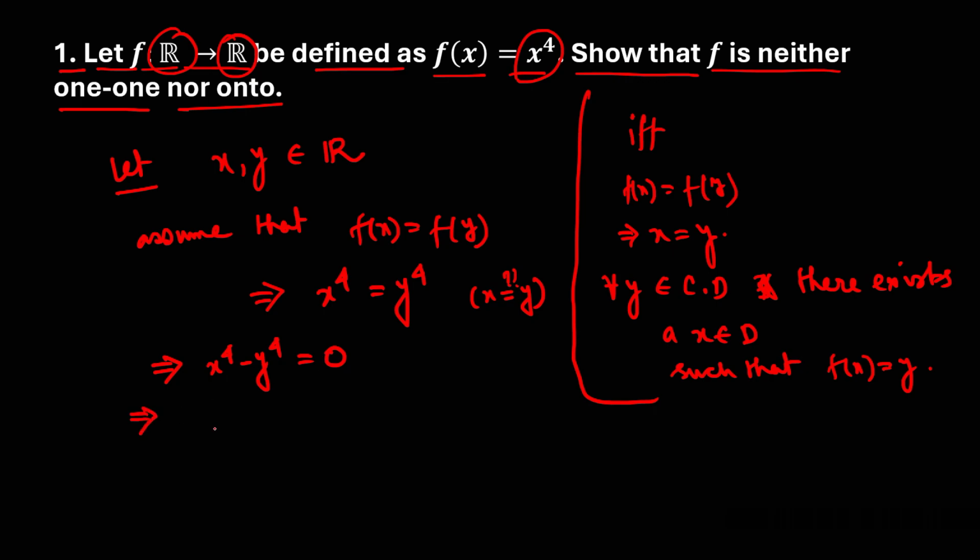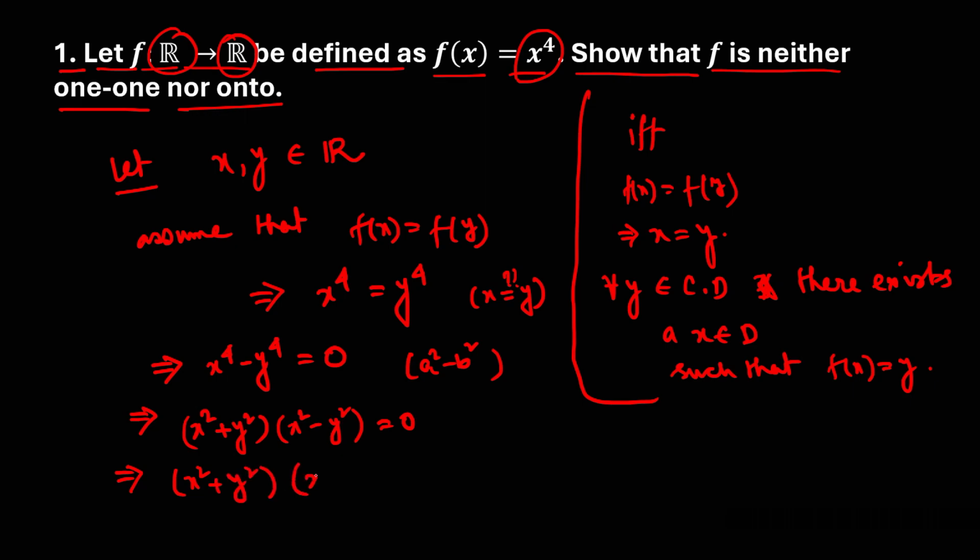After this it is the a square minus b square form. So (x square plus y square)(x square minus y square) equal to 0, and once again x square minus y square is there, so (x square plus y square)(x minus y)(x plus y).